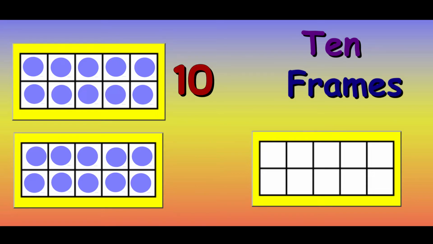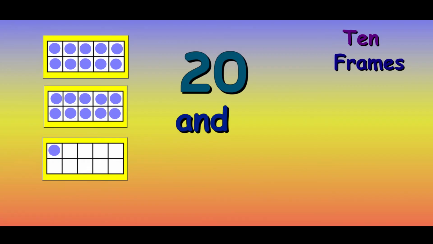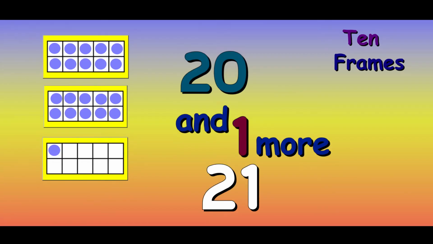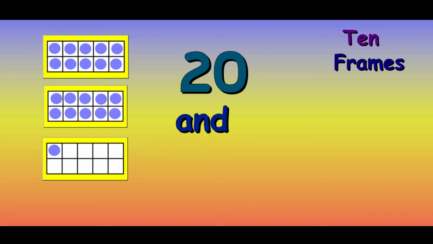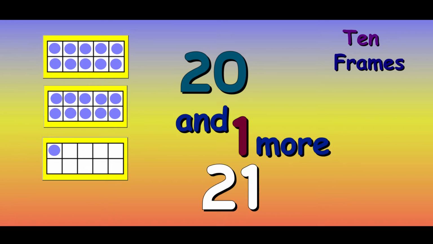Then how many counters in the third 10 frame? Only 1. So we directly say 20 and 1 more is 21. Once more, 20 and 1 more is 21. When we write 21, we write it as 2, 1, 21. Once more, 2, 1, 21.